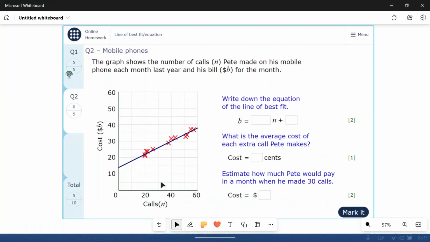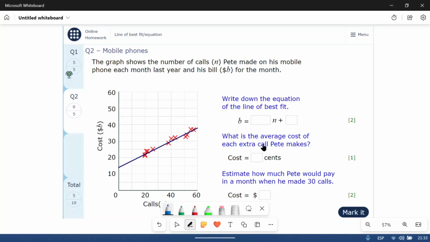Smart. Looking at question 2 here, we need to find the equation of the line of best fit. If we remember this correctly, any equation of a straight line is always in the form y equals mx plus c, where m is the gradient and c is the y-intercept.